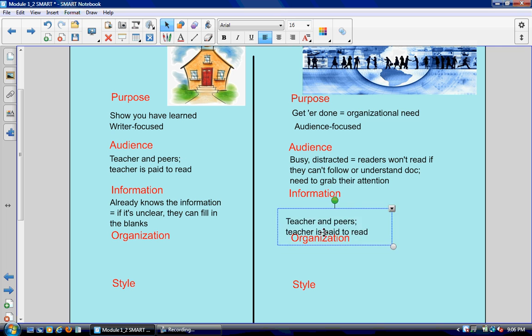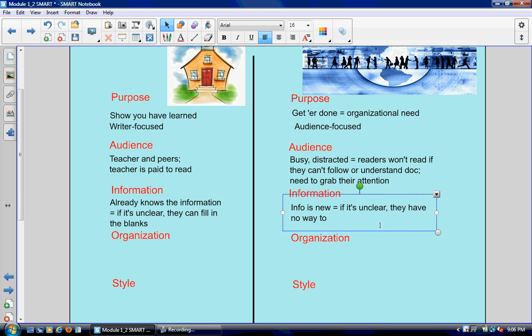You are going to be writing to people for whom the information is new. And so if it's unclear, they have no way to know what's missing or what they need to know. If it isn't in there, it didn't happen. And so they're not going to fill in the blanks for you unless you specifically explain.